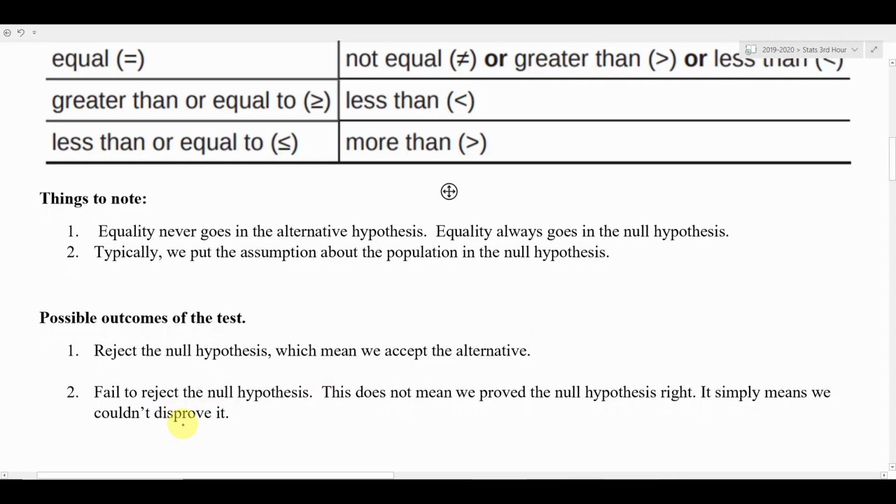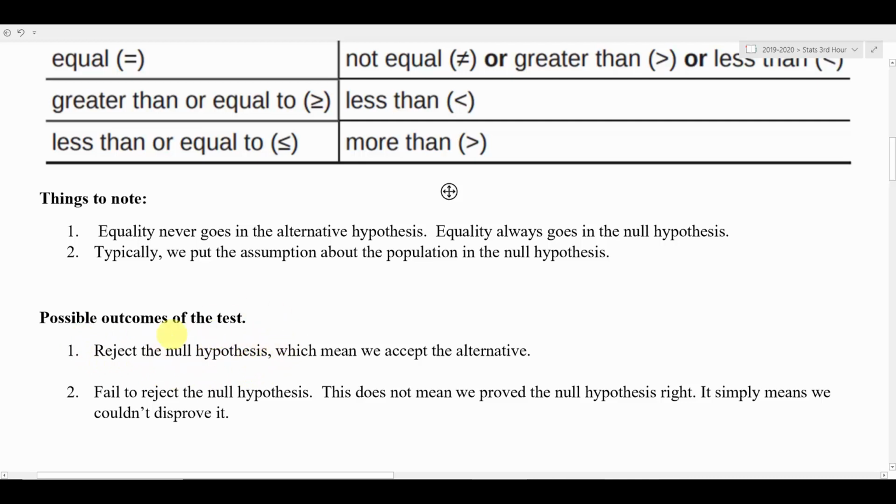All right. So when we do run our tests, at the very end of the test, we gather our data, we do our collections, and then we have to make a determination about what is true and what's not true. And really, we only have two possible outcomes to the test. The first outcome is that we reject the null hypothesis.